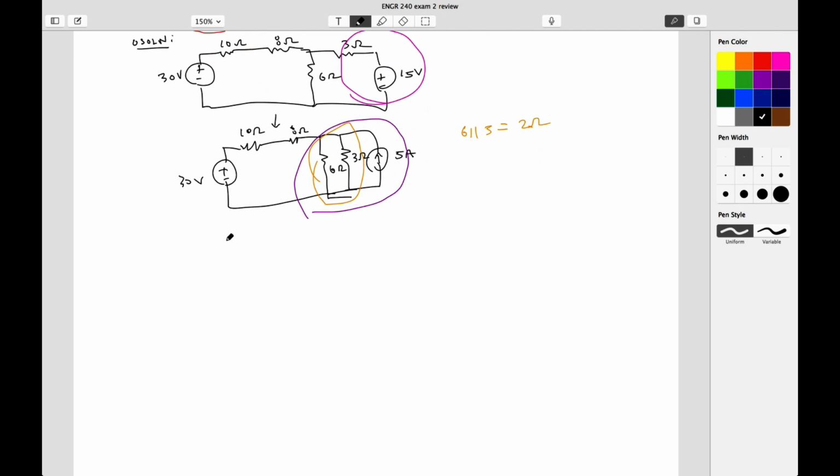It's going to be the same circuit on the left where we have 30 volts and 10 ohms and 8 ohms. But now we're going to have a 2 ohm, and then we're going to have a voltage source which has a value of 2 times 5, which is 10 volts.